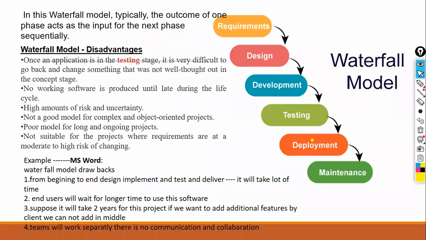Another drawback is that customer satisfaction is less. Why? For example, for any new application that comes to testing, we will never say, whatever code you are trying to implement will take 1 year, please wait for 1 year, and then we will give you the software. We cannot say that, right? That is the main drawback.